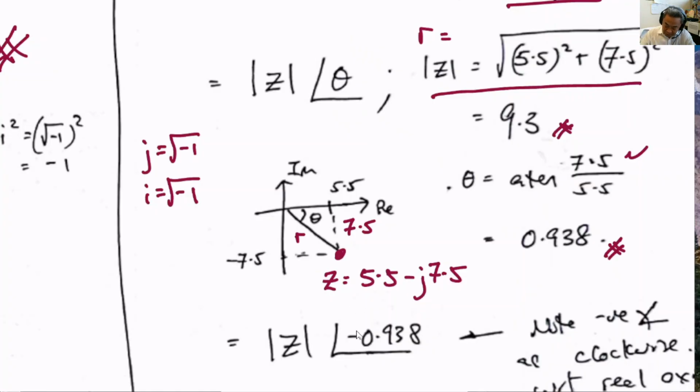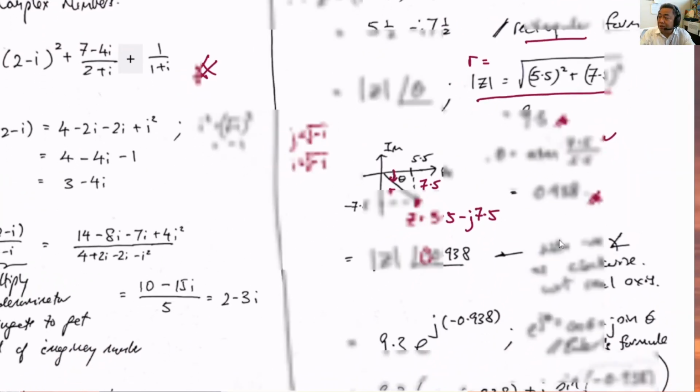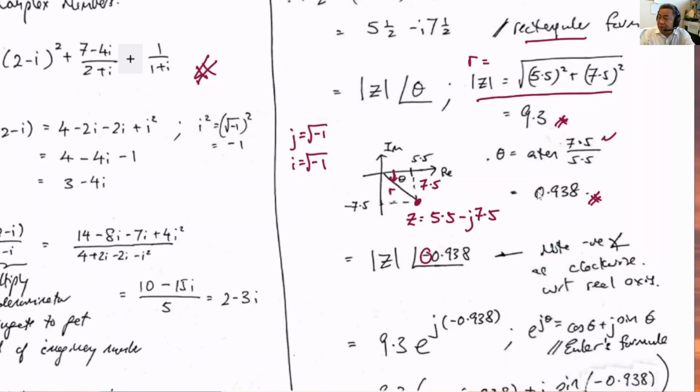We know it is a minus sign because the angle goes clockwise. Remember when angle goes clockwise, it is negative values, and when it goes anti-clockwise, it's positive values. So this is how I remember how to calculate the angle with the correct positive or negative values.